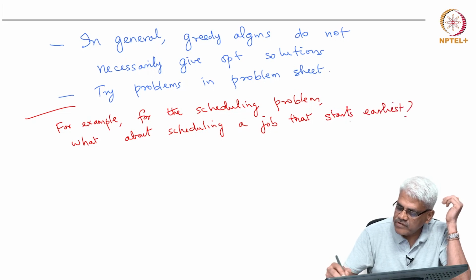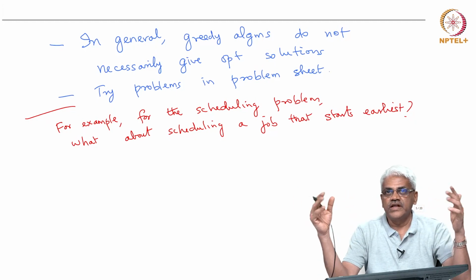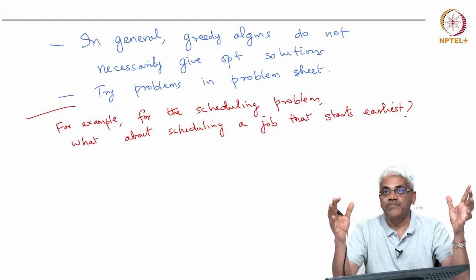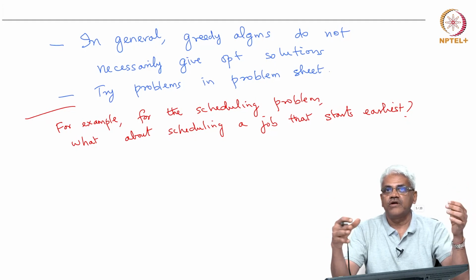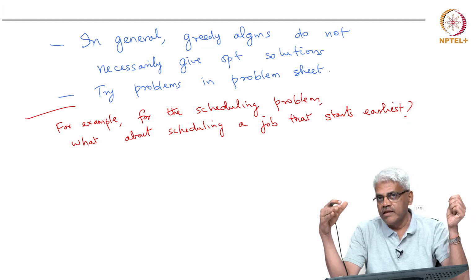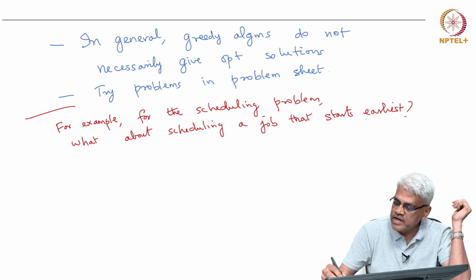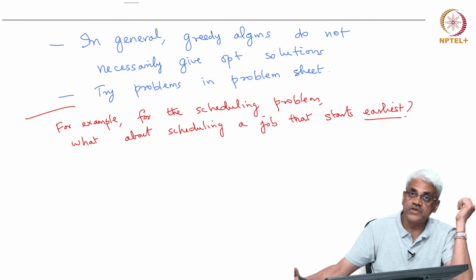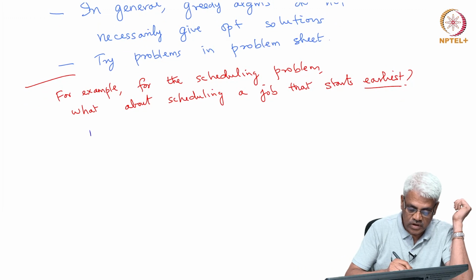We said we will schedule a job that finishes first, since that relieves the resource for other jobs. But maybe I can say I don't want to keep the lecture room unused for a long time because somebody is starting later, so I will pick a job that starts earliest, and schedule that job first. Does that give you an optimum solution? No. You can come up with an easy example.